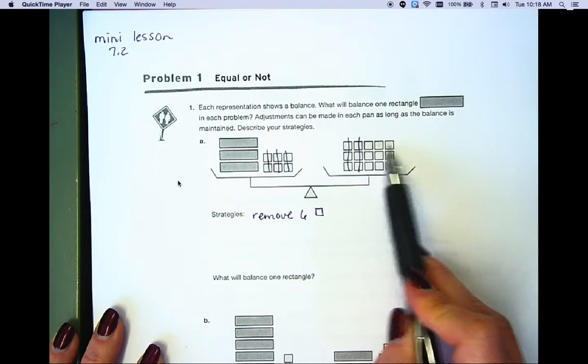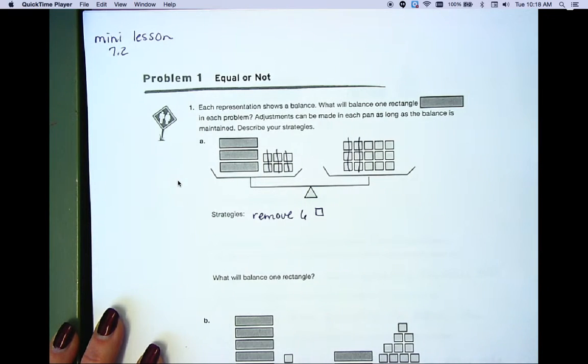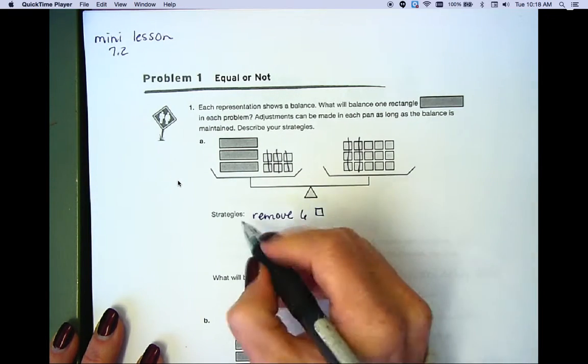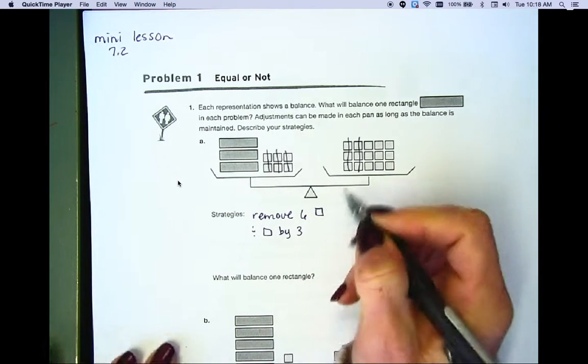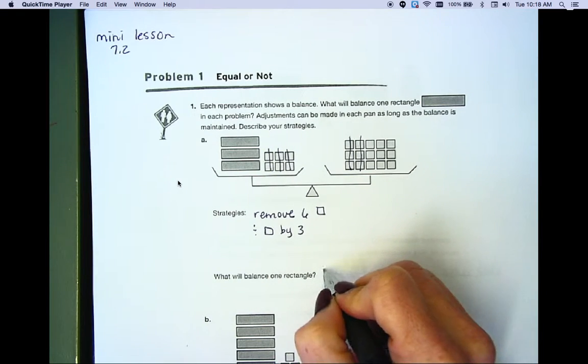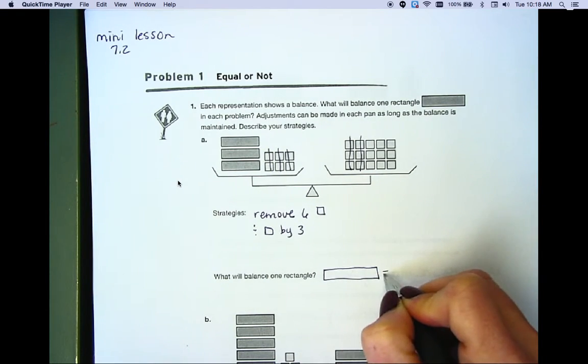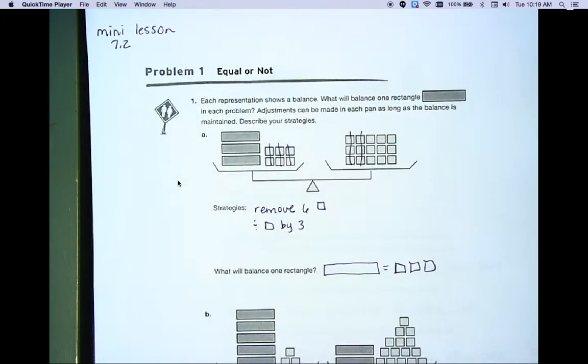One rectangle would be 3 of these squares. So I'm really dividing the squares by 3 to see how many squares represent each rectangle. So one rectangle is equal to 3 little squares.